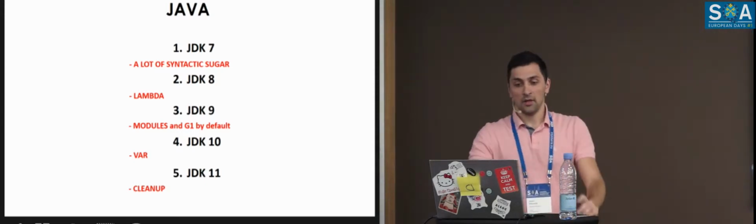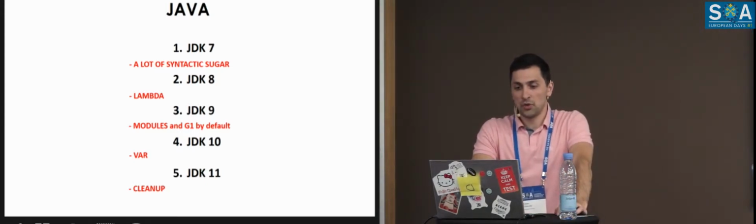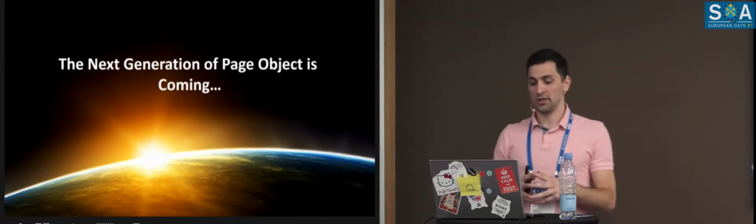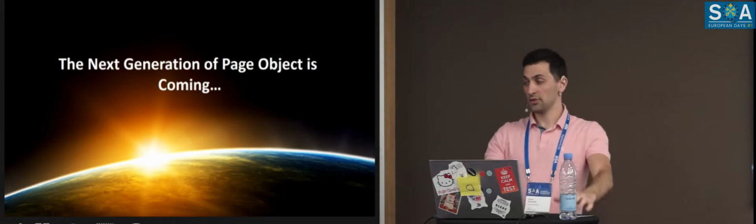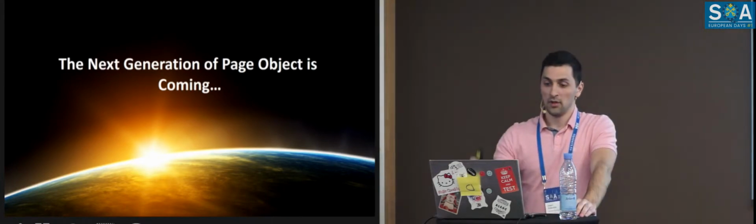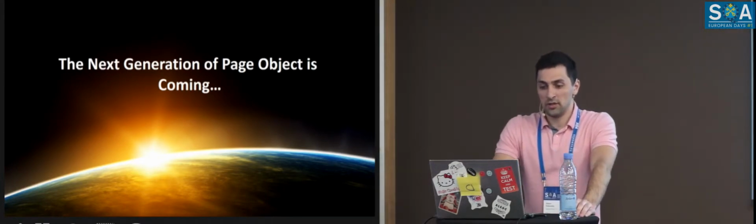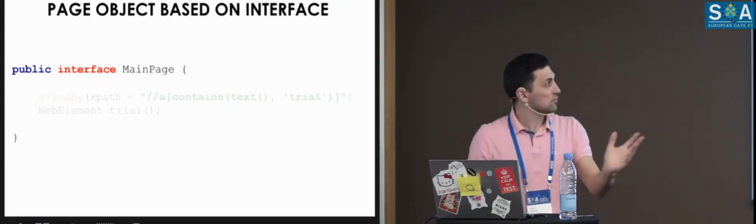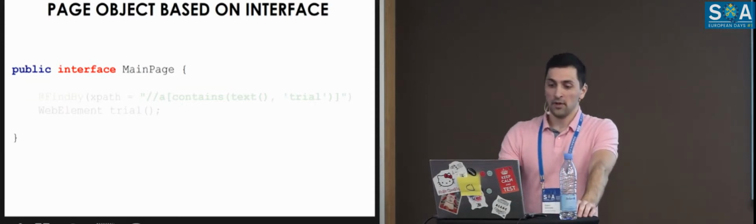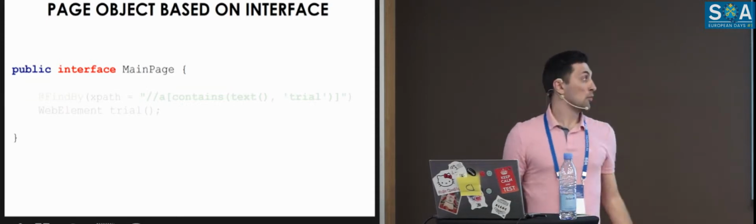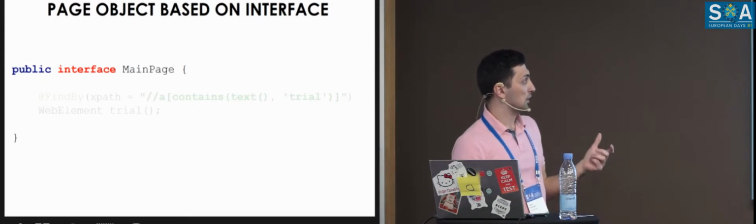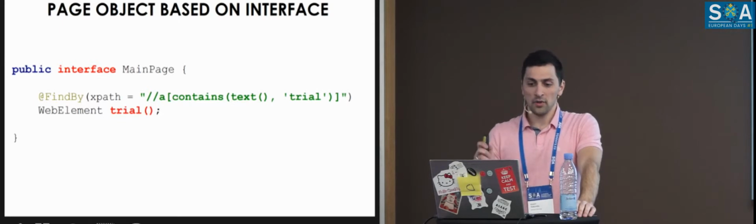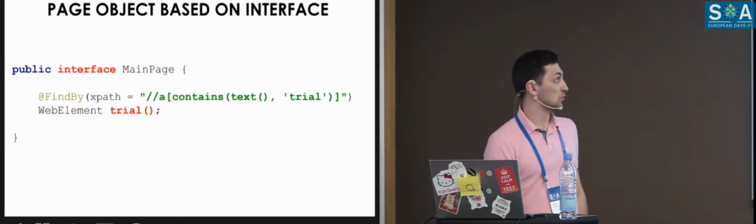Let's see. It is time for the next generation of page object, which uses interface instead of class and uses methods instead of class variables. On the slide, you see that I use a Java interface and set my page. Then I set a method which describes my web element and set a locator, and try to compare these two approaches.